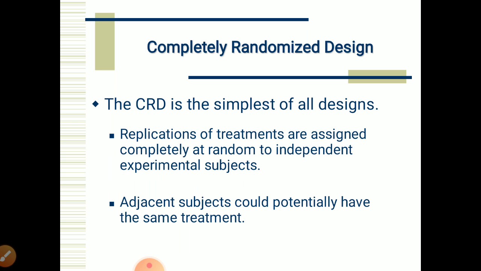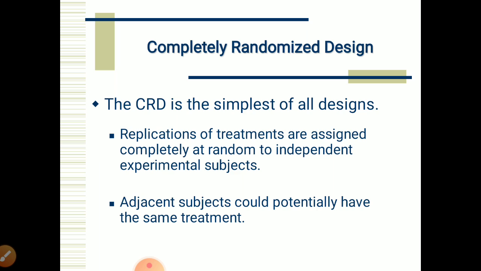The only thing we require here is a group of homogeneous animals or experimental units. I am saying animals with respect to our area; if you go to other areas, it can also be things, or individual human beings can be the experimental units. So we need a group of homogeneous animals. Why do we say homogeneous?